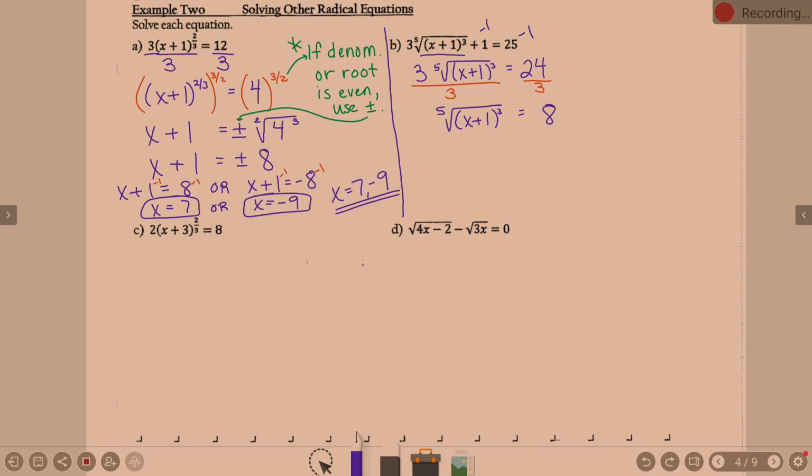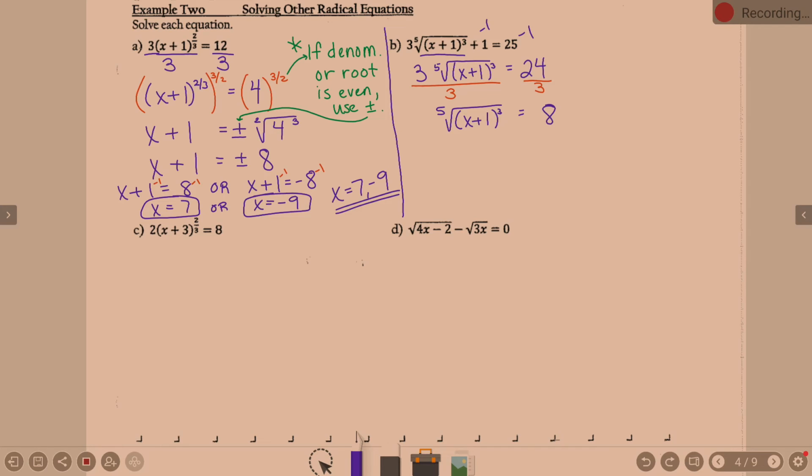How did we get rid of radicals that were square roots? If it was a square root, which has a root of 2, we raised it to the power of 2. Since this has a fifth root, we can raise it to the power of 5. How would you do with the power of 5 if it's already raised to the power of 3 on the inside of the radical? We'll deal with the 3 in the next step.